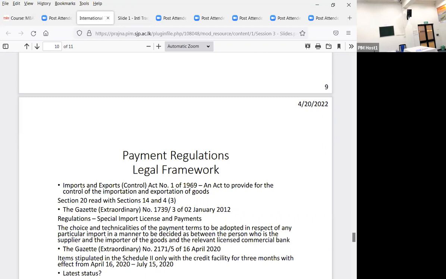But now I don't think anybody follows this, after the relaxation of import control, export control, and so on. Probably tomorrow you'll get a notice saying no more open account as far as imports are concerned, because he wants to make sure the payment is made through the official channel, not through any unofficial channels.